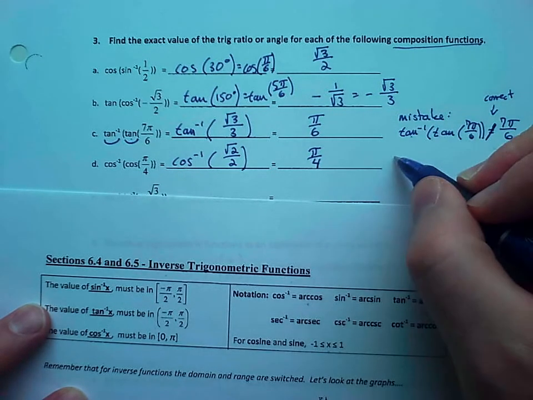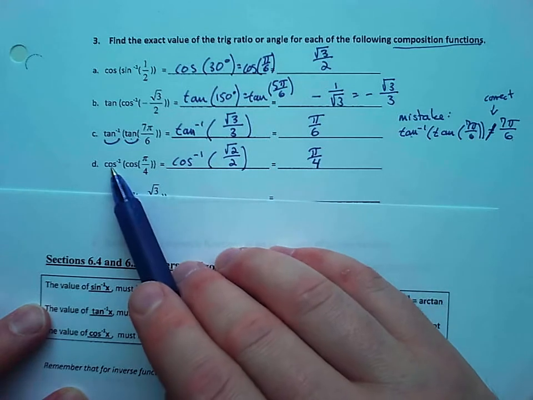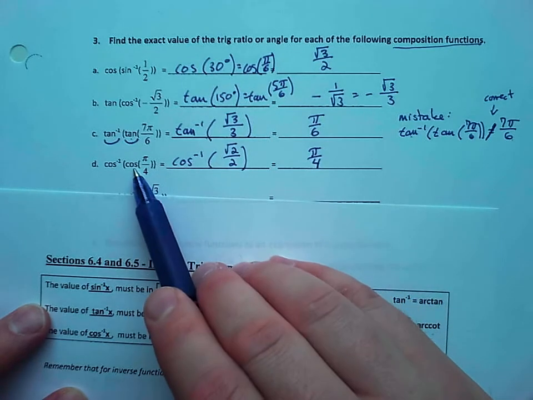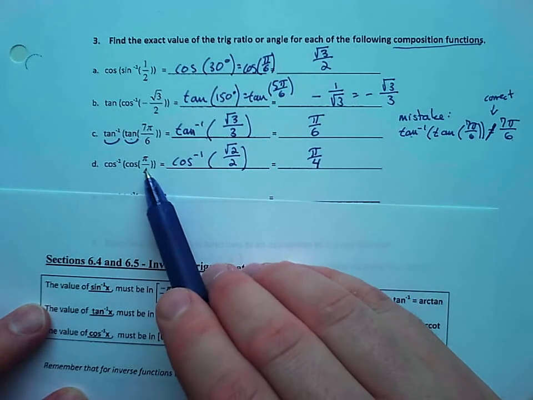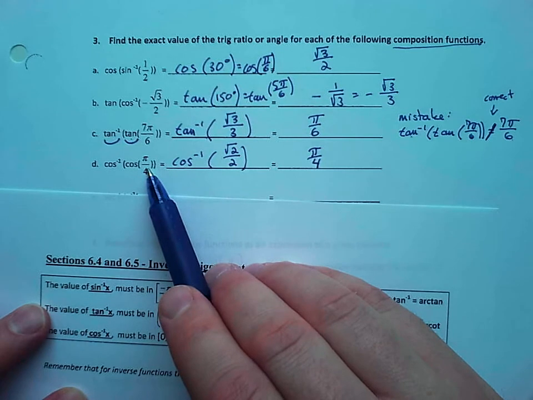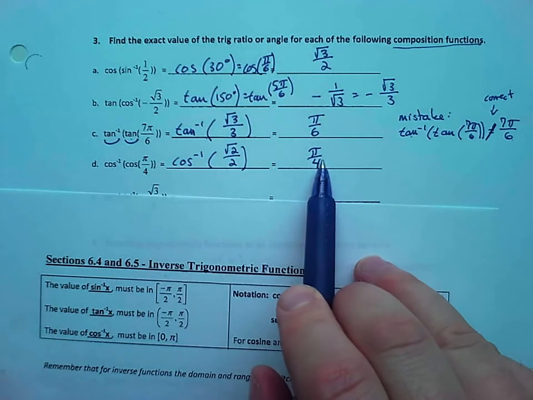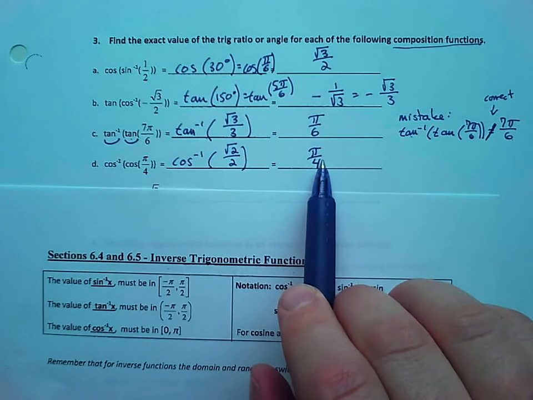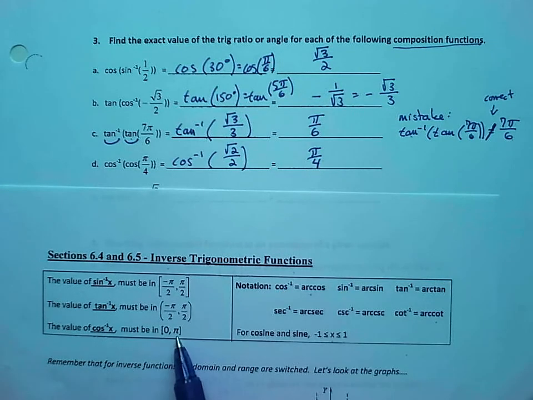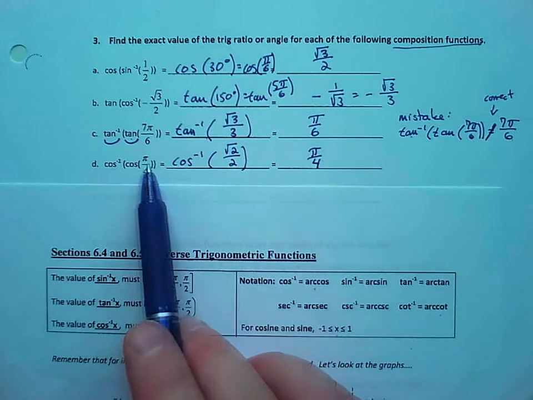However, for the cosine, this right here happens to be the true statement, that the inverse of that original function of whatever we're taking, right, here's pi over 4, this in fact is going to be pi over 4. Now why is that true? Well, pi over 4 is within the range of the arc cosine. So that's why pi over 4 is going to work out just fine here in this case.